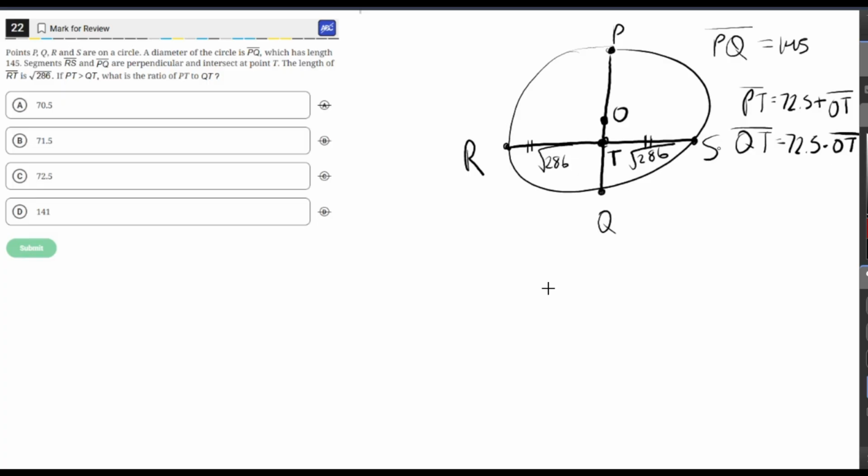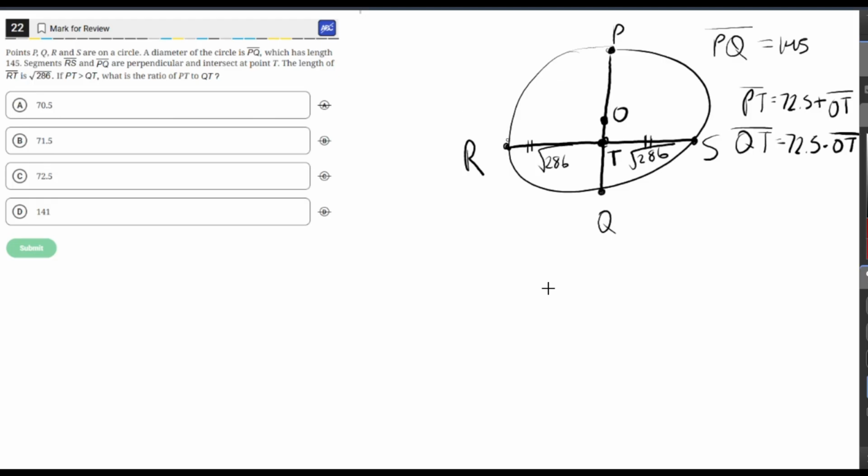Now we have two equations, but we have three unknowns. We have OT, PT, and QT. So if we just find OT, we can find PT, and we can find QT based on how these equations are set up. So to find OT, what's something we can do? Well, what do we notice about the radii that you can construct on the circle? This is a radius. This is a radius.